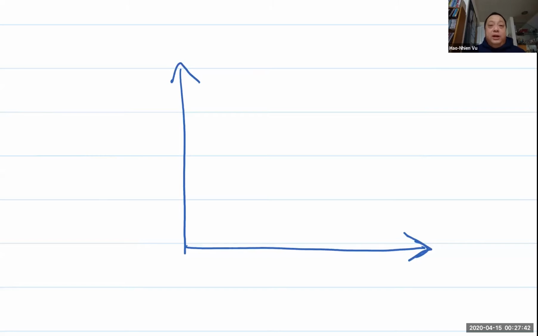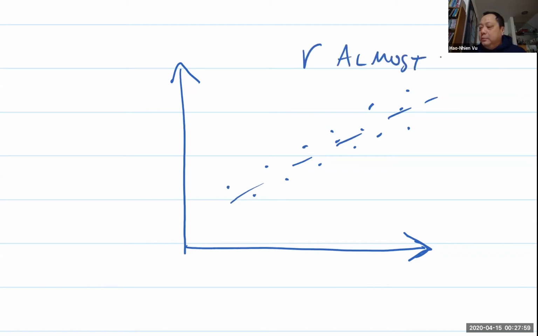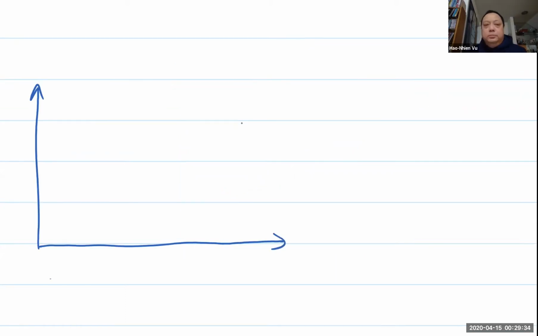Now, most things in life are not perfect. You could have a scatter plot that's pretty good, pretty much like a straight line, but not perfectly good. Then this R is almost 1. Or you could have a scatter plot that looks like a straight line with a negative slope. So it has a coefficient of linear correlation R of almost -1.